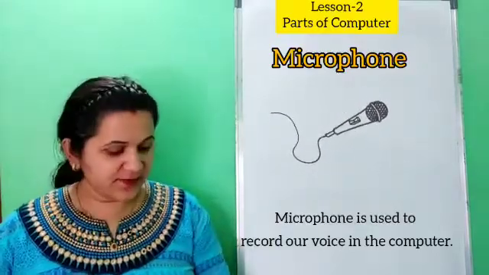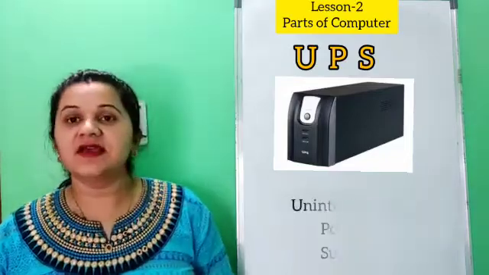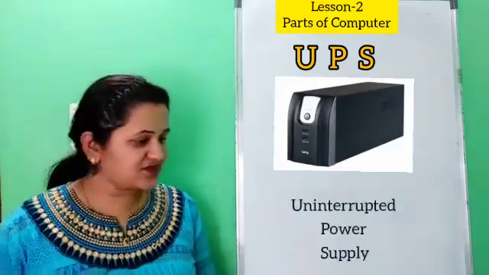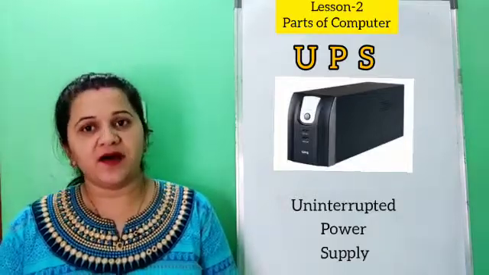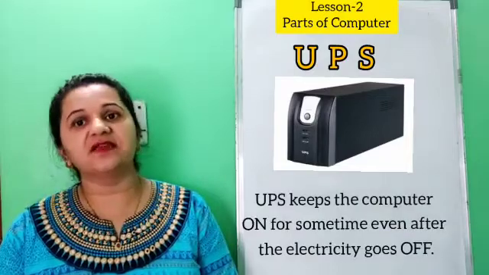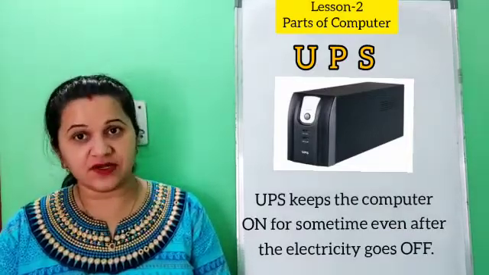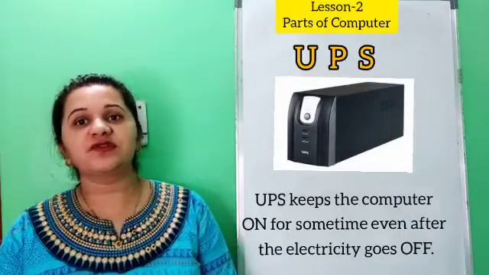Got it, children? Now the next part is UPS. What is the full form of UPS, children? Yes, uninterrupted power supply. You know, children, a computer is an electronic device and it works with the help of electricity only. If the light has gone, your computer will get switched off.